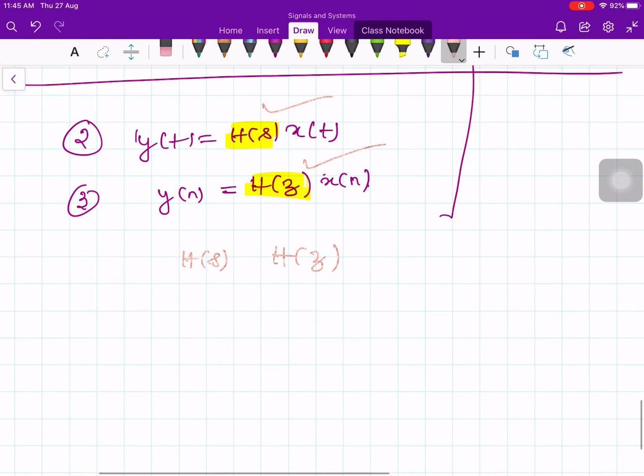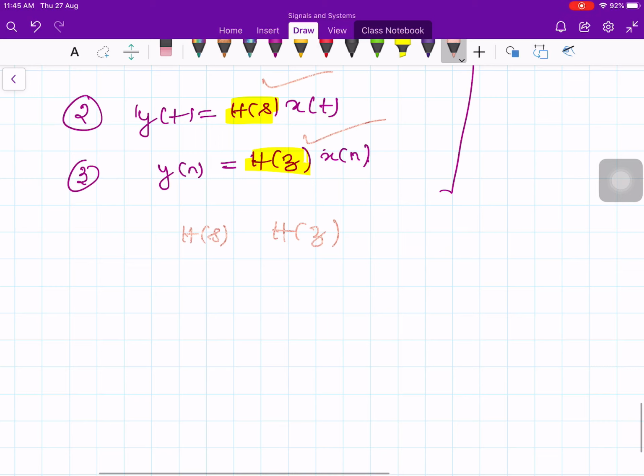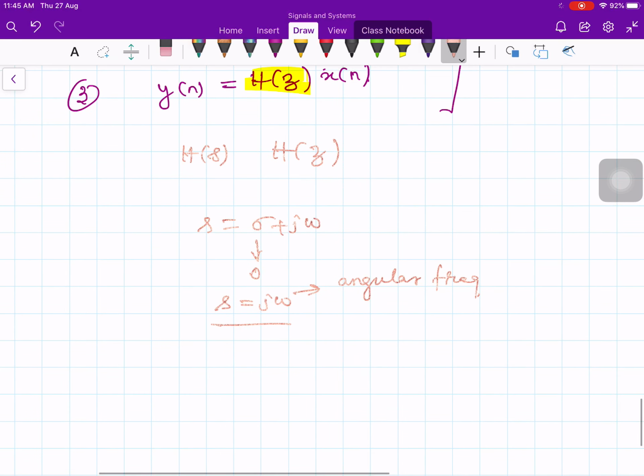Then we also saw an equivalent method which is the frequency response. As I said, s equal to sigma plus j omega. Now if you make sigma equal to 0, then s becomes j omega. And what is j omega? Omega is the angular frequency. If omega is angular frequency, then h of s becomes h of j omega.